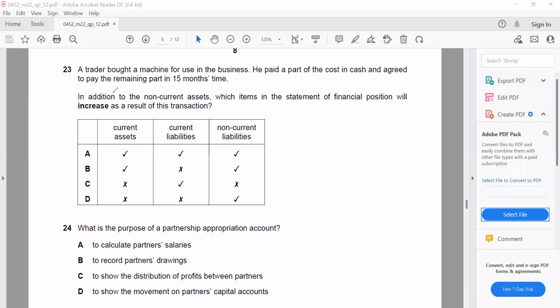23. A trader bought a machine for use in the business. He paid a part of the cost in cash and agreed to pay the remaining part in 15 months' time. In addition to the non-current asset, which item in the statement of financial position will increase as a result of this transaction? So the double entry is debit machinery and credit cash, since he paid part in cash.